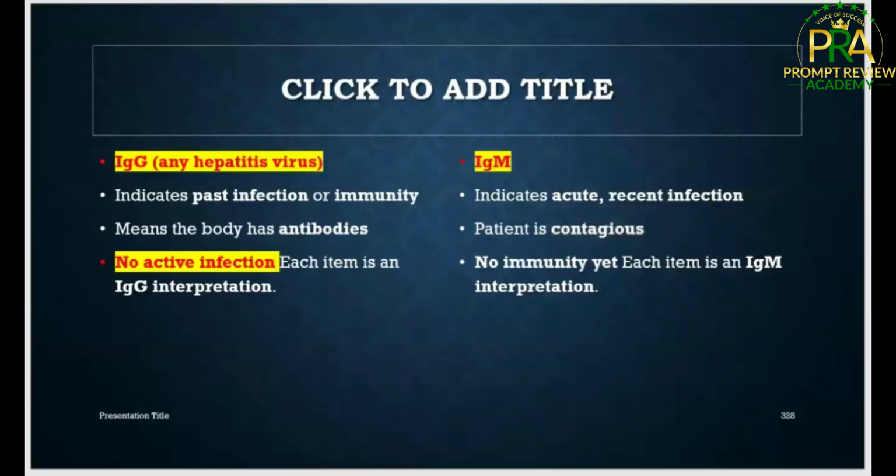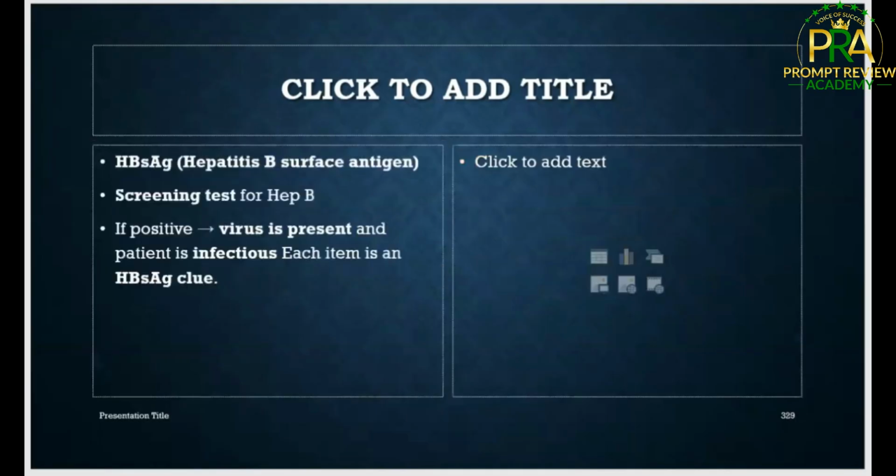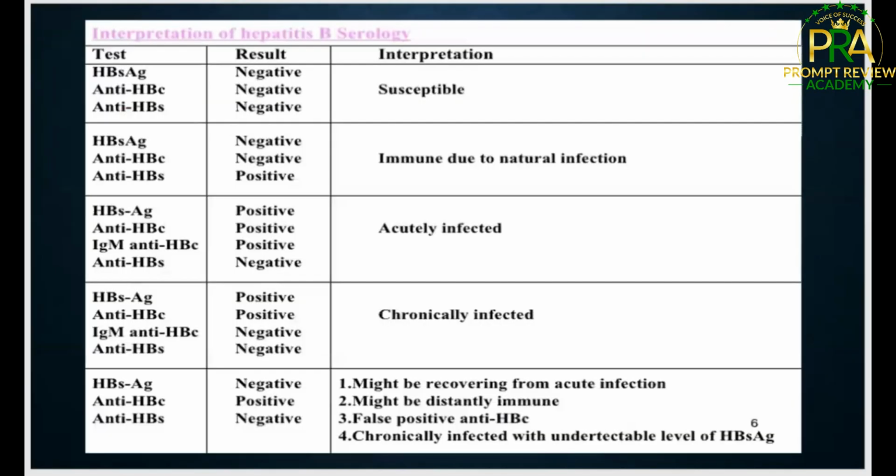Hepatitis B surface antigen, and that is what you will always see in this question. This is hepatitis B surface antigen, HBsAg, and you're asking yourself, what is that? HB is hepatitis, S is surface, AG is antigen.